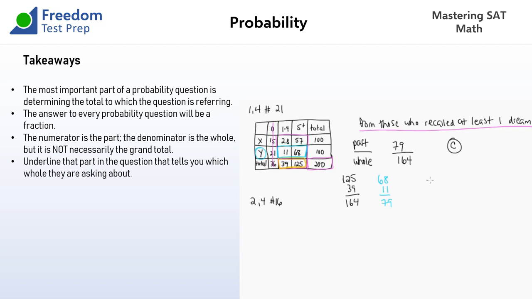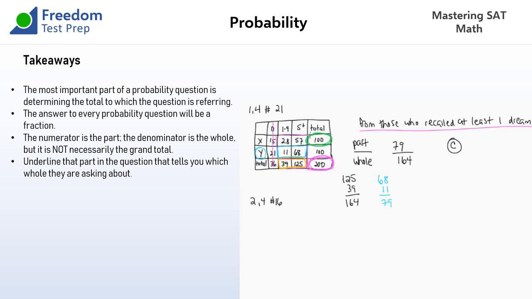Well, actually, before we go, they could have asked you a different question, right? They could have said, of all the people surveyed. And if it was of all the people surveyed, that's when you would be using the grand total, because they literally say of all the people surveyed. If they said of all the people from group X, then we would have a different denominator.